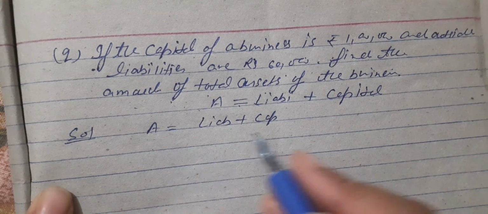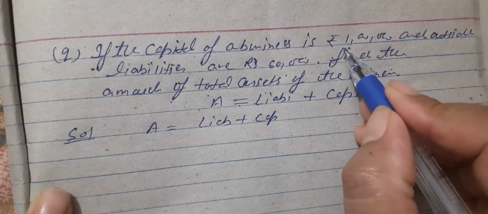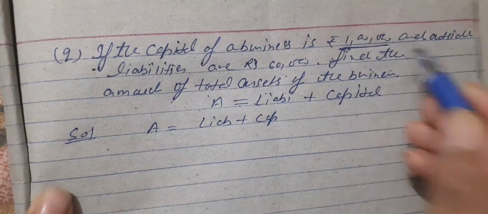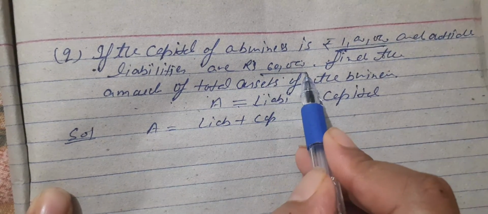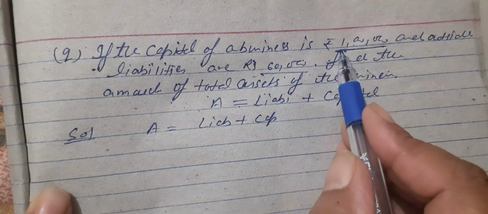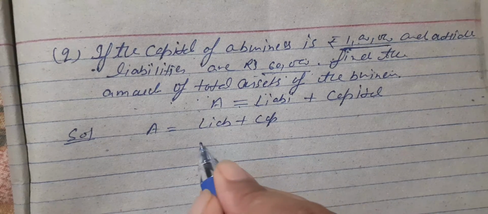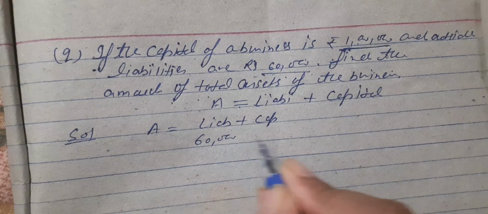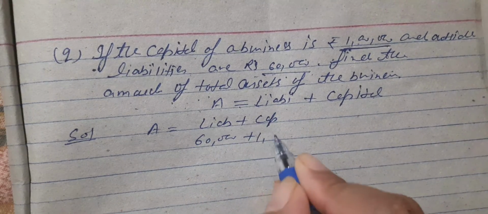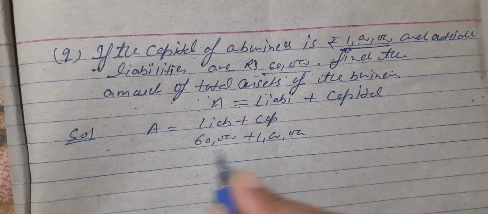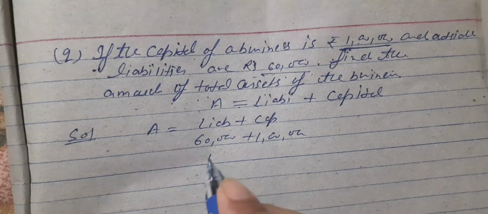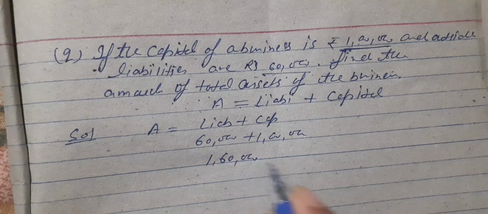The question has given the capital amount and the liabilities amount, so with the help of these we will find the total assets. Liabilities are 60,000, capital is 1 lakh rupees, so our assets amount is 1 lakh 60,000.